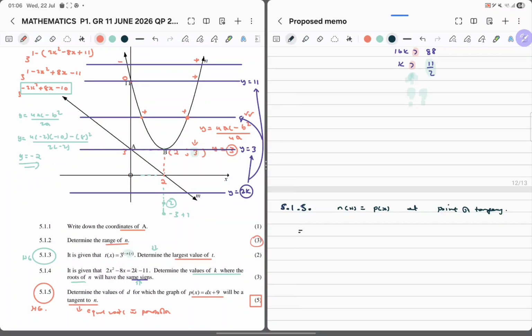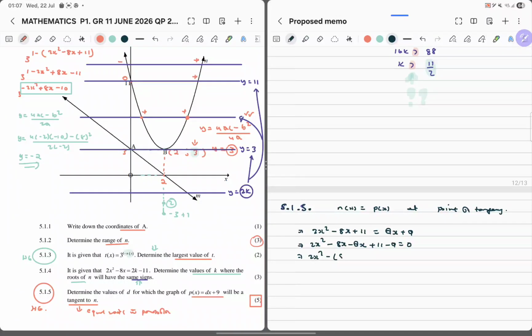Right? So this implies that 2x squared plus 8x plus 11 is going to be equal to dx plus 9. We write it in standard form: 2x squared minus 8x minus dx plus 11 minus 9 equal to 0. We've got 2x squared minus, we can factor out the negative.